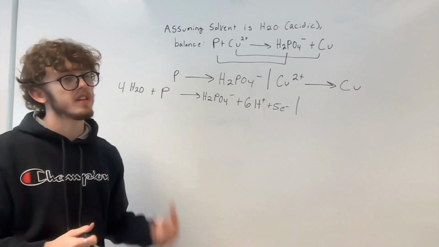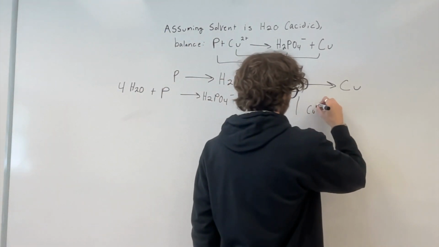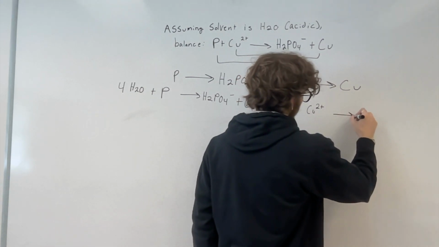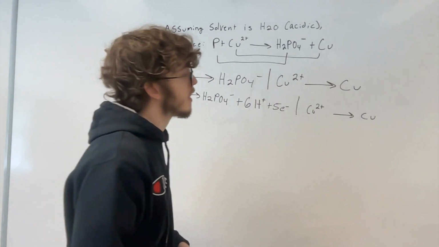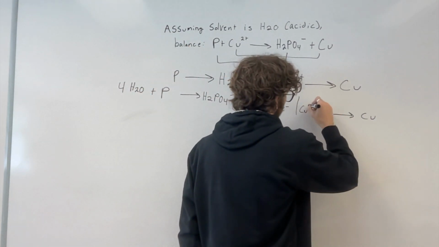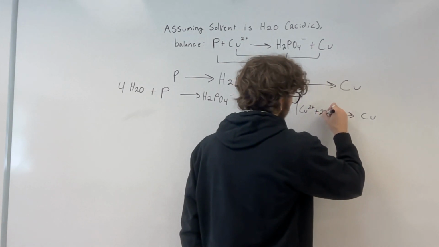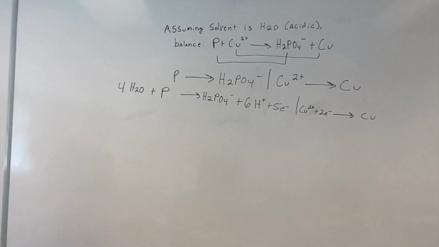Now we have to balance the other side. So Cu2 plus to copper. We're going to need to add some electrons to make both sides 0. So we're going to go copper 2 plus, 2 electrons is going to yield copper. Now that these are balanced, we now have to balance the overall equation.